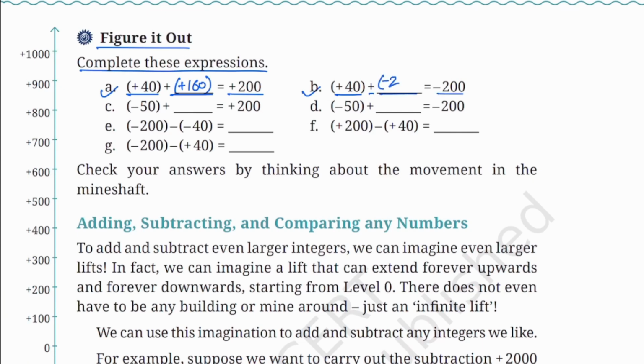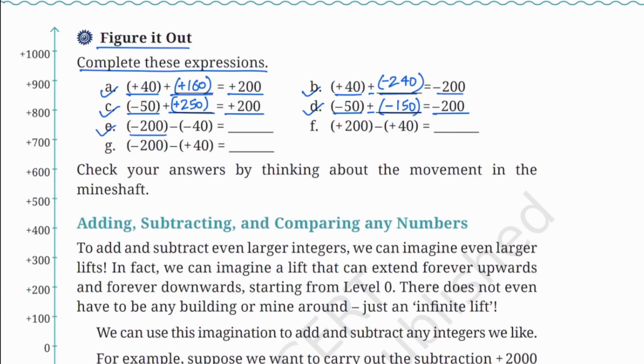The answer will be minus 240. C: minus 50 plus blank is equal to 200. The answer will be plus 250. D: minus 200 plus blank is equal to minus 200. The answer will be minus 150.